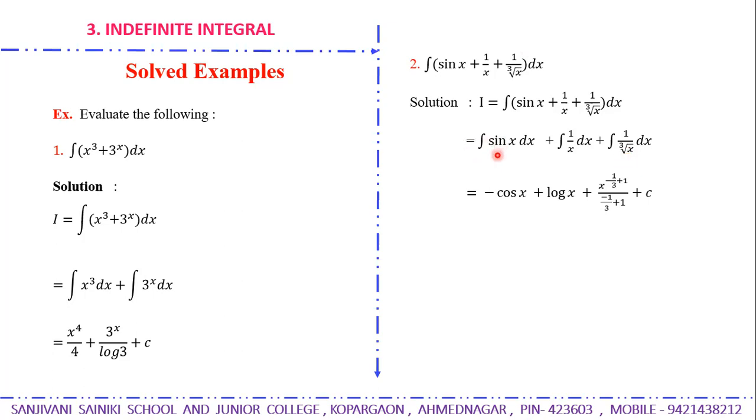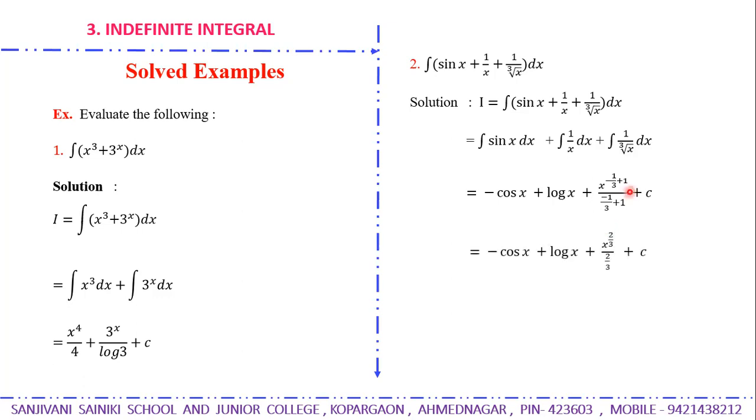So the derivative of sin x is cos x and the derivative of cos x is minus sin x. So the integral of sin x is minus cos x. Then integration of 1 upon x is log of x. Integration of x raised to minus 1 upon 3 is x raised to minus 1 upon 3 plus 1, upon minus 1 upon 3 plus 1. So we are using the formula x raised to n plus 1 upon n plus 1.